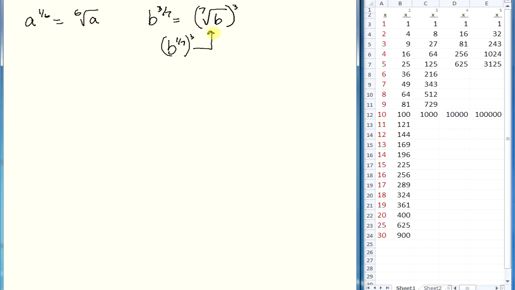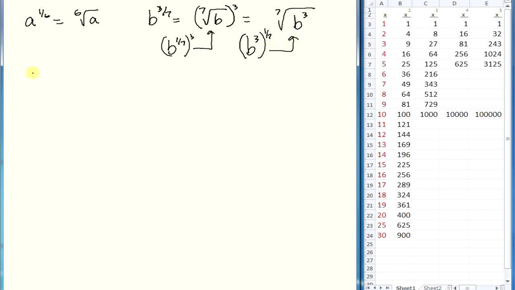But if you choose, you could have thought of it as the 7th root of B cubed. I don't really have an issue with either one, because B cubed could have been done first, then raised to the 1/7. You're still multiplying 3 times 1/7, getting 3/7, and that could be an answer as well.